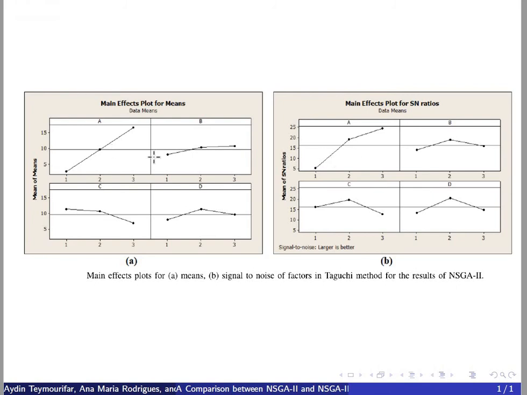As seen in these figures, there is a consistency with respect to factor A between these two plots.